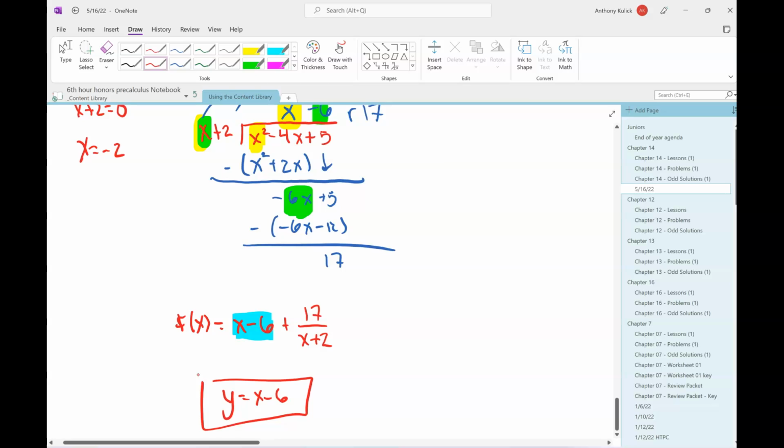That's the piece that I need for my end behavior. The remainder does not matter to me right now. Well, no, in this context. If it was a different problem, yes, the remainder could matter, but with what we're doing with it, we don't care. So far, so good? Everybody kind of remember that?